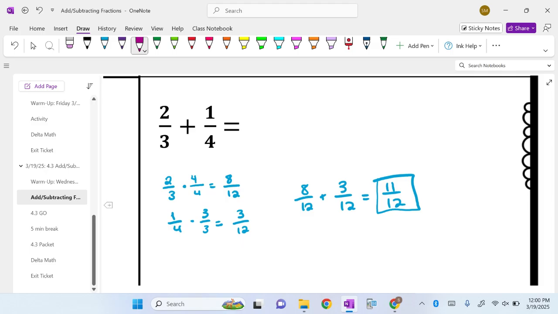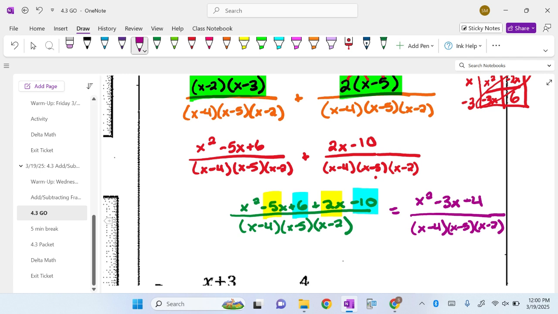So now we need to make sure that this rational expression is simplified. So I actually got to factor the numerator again, or see if it's factorable. Because if it is, I may be able to cross some stuff out between the numerator and the denominator, like we did in our earlier lessons last week.